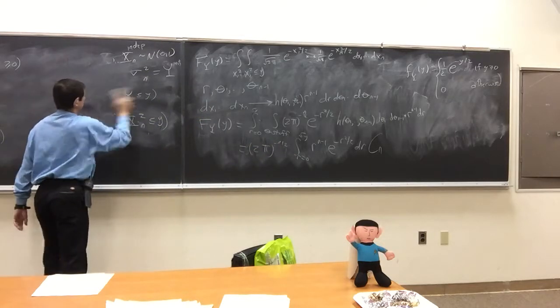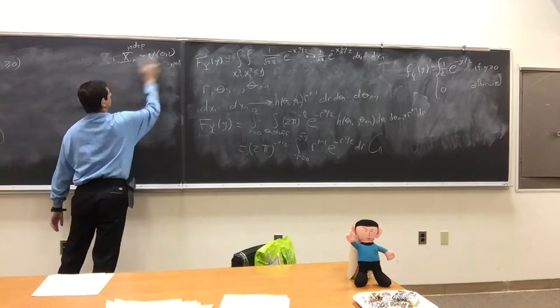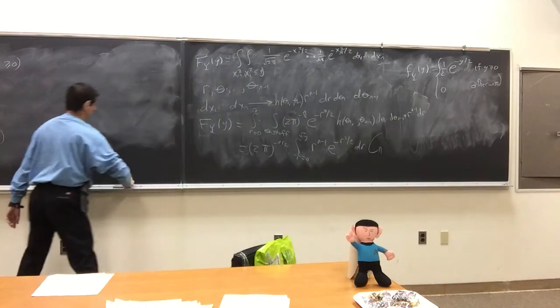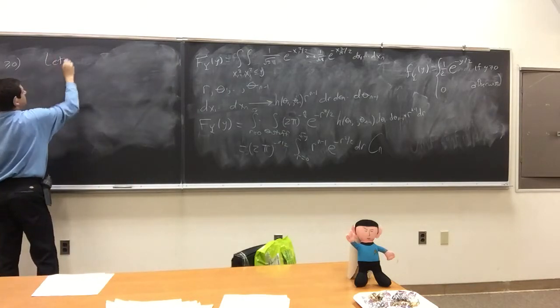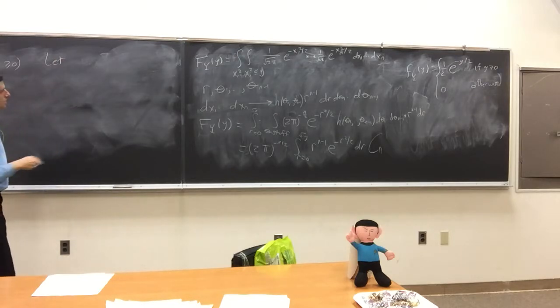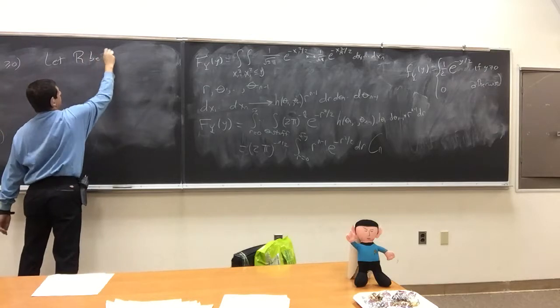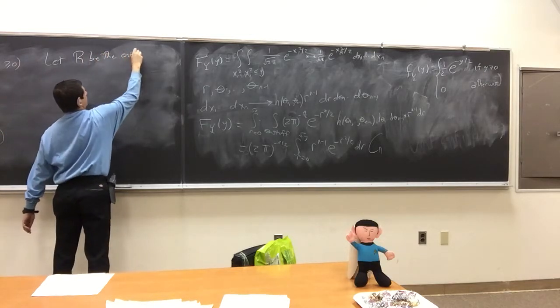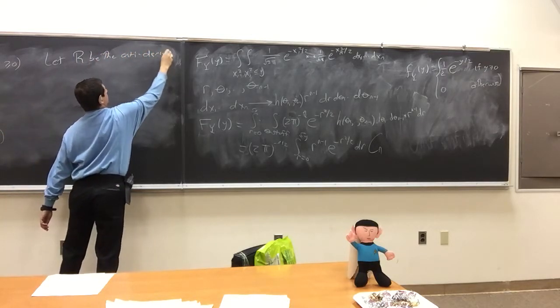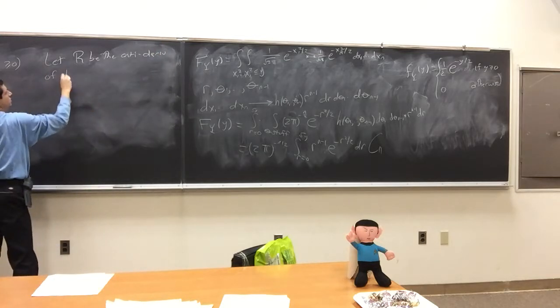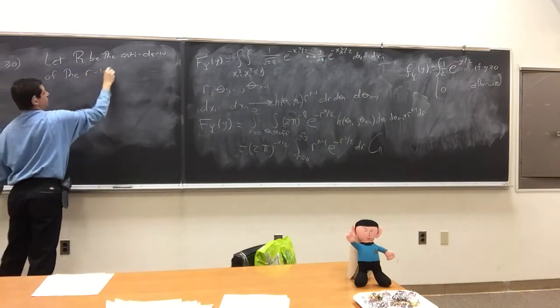So we need a letter. Let big R be the antiderivative of the R integration.